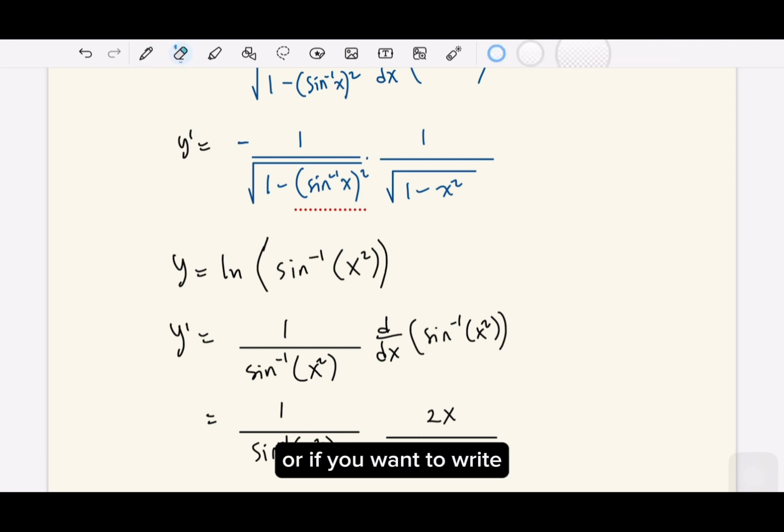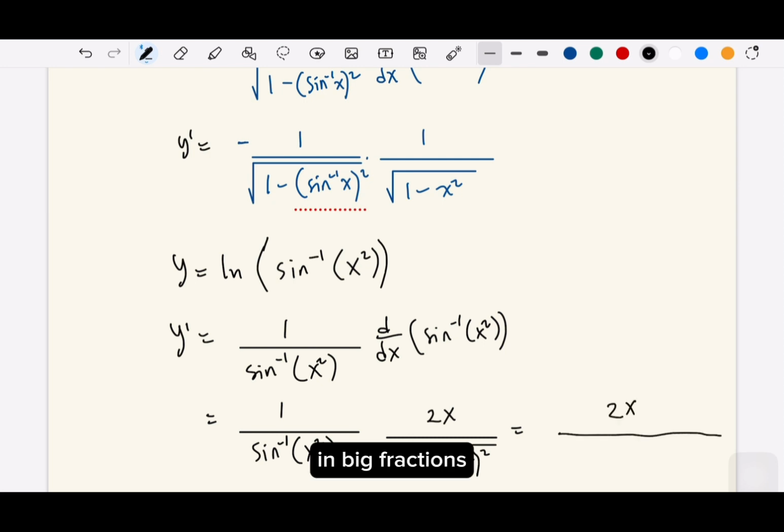Or if we want to write it in a big fraction.